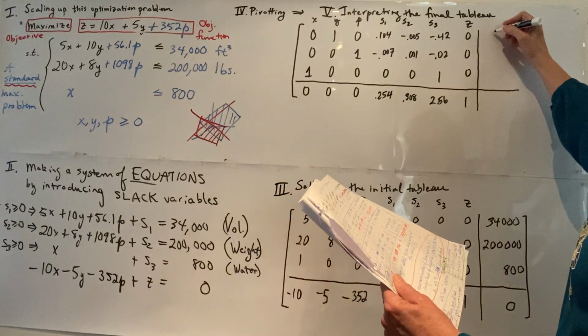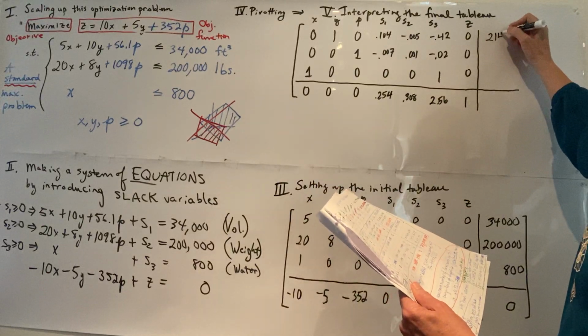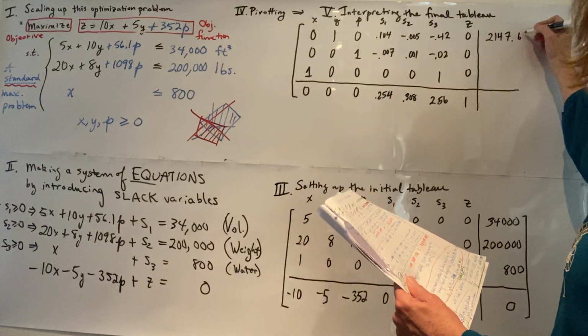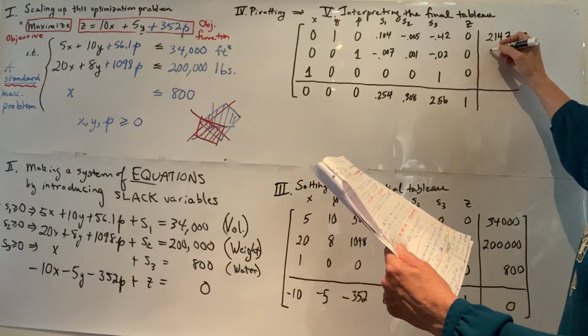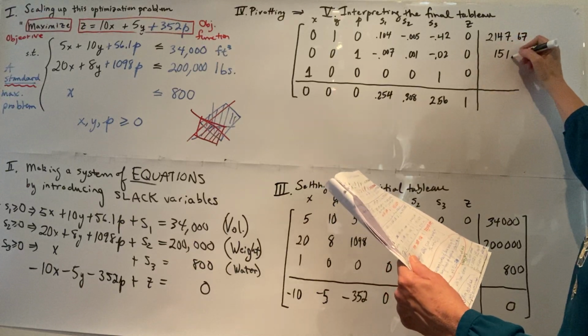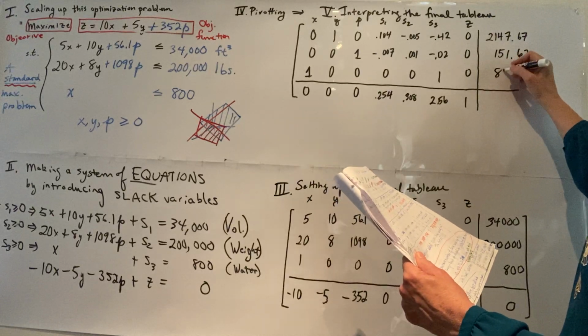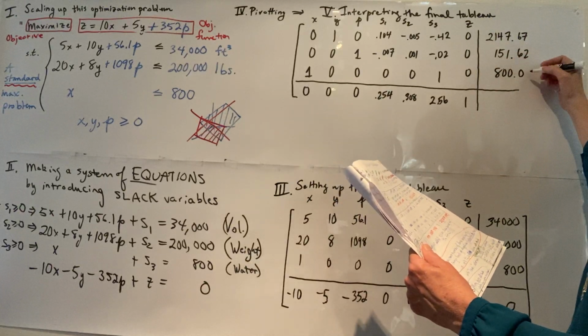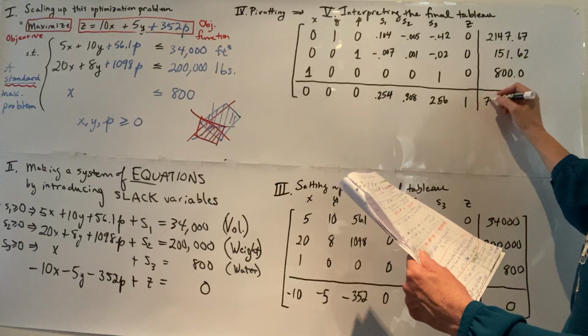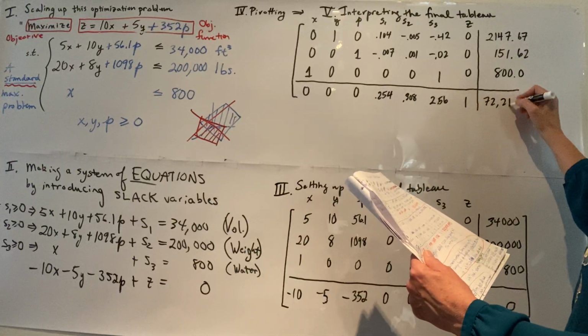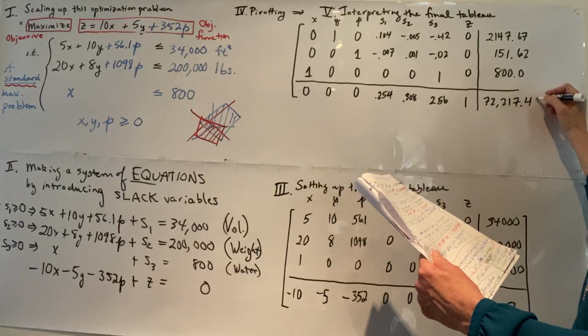All right, so in the final tableau, we had numbers like this: 2147.67, 151.62, 800.0, and 72,217.48.